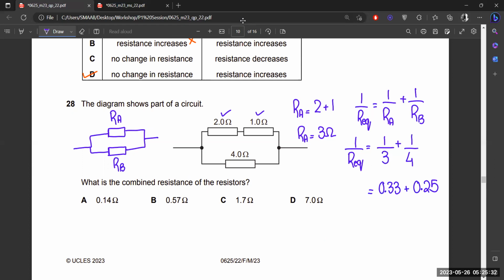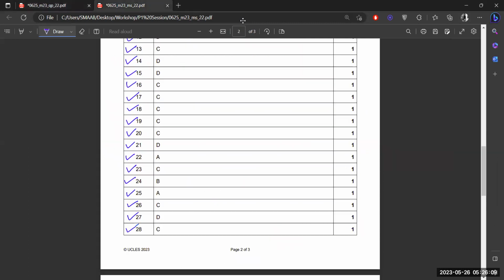So we are getting 1 over R. That is the value of 1 over R, but we need to calculate the value of R. So take the reciprocal of the value. Equivalent resistance will be equal to 1 divided by 0.58, that is 1.7. Option C. In the marking scheme, yes, C.